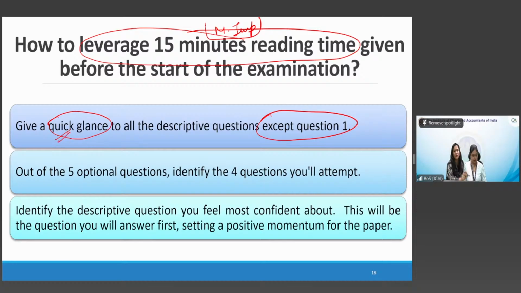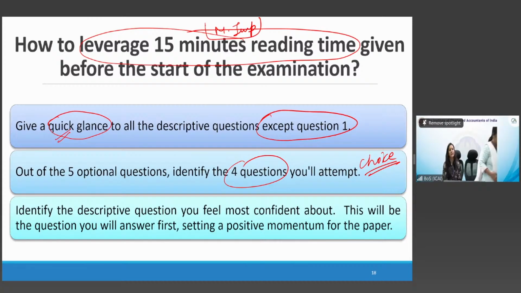You don't have to go in depth. You don't have to keep on thinking while you are giving a quick glance. You just have to give a quick glance, except question 1. Out of the 5 optional questions, identify the 4 questions which you will attempt. So you have to decide the choice, basically, which question you are going to leave.